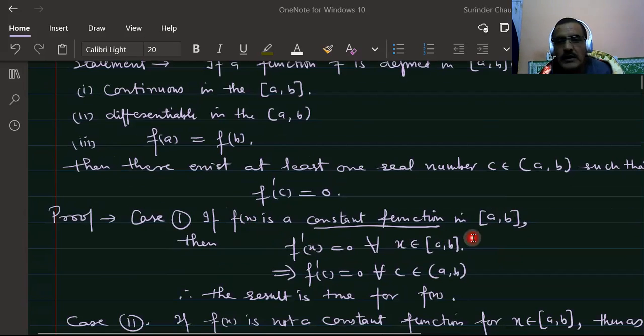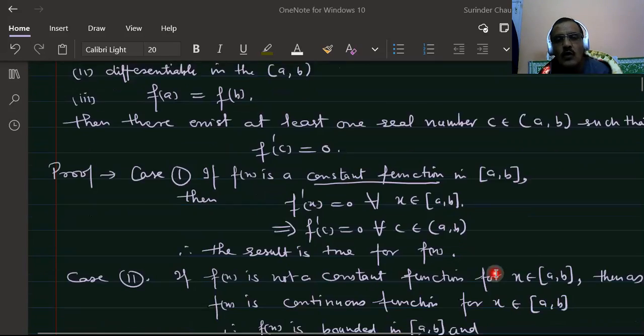Therefore f'(x) will be 0 for x belonging to the closed interval [a, b]. This implies that c belongs to the open interval (a, b), excluding the endpoints a and b, such that f'(c) = 0, because f is constant. So here we concluded that the point c belongs to the interval with f'(c) = 0.